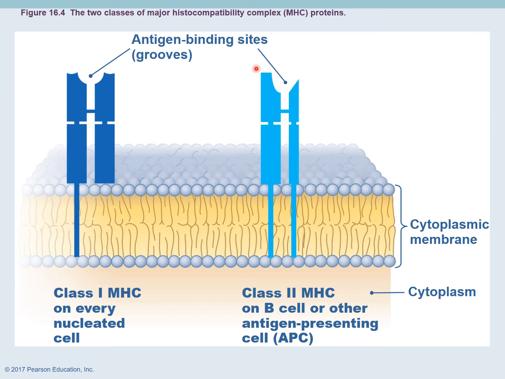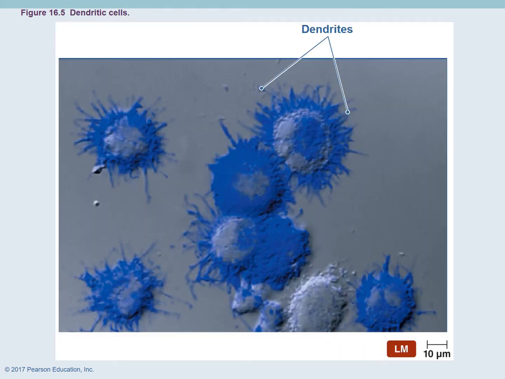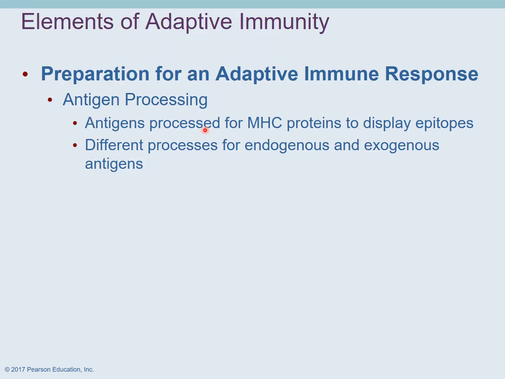So these are extending out from on the outside of the cell so all other cells can see it. What's going to happen on these sites on the end, that is where the foreign substance or the antigen can bind. This is an example just of what some dendritic cells look like.